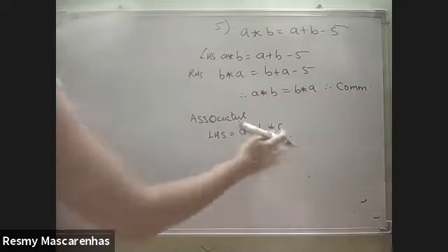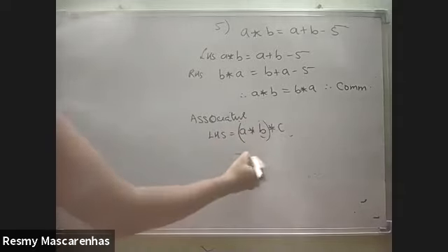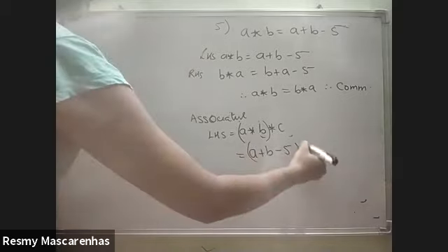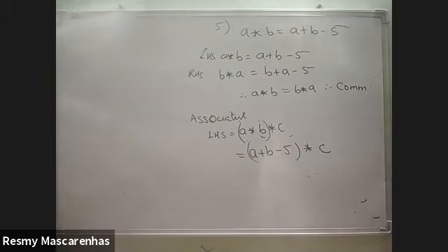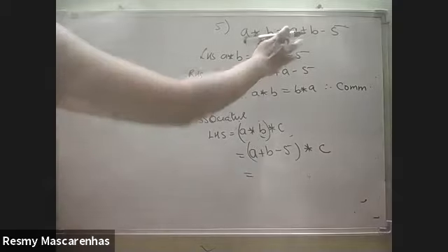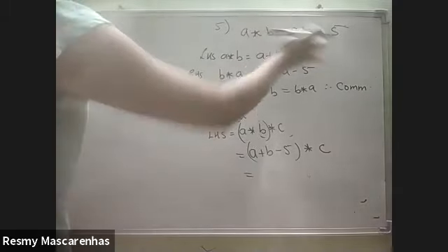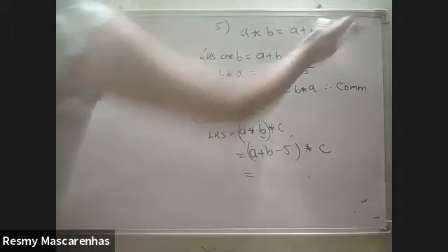So A star B star C will be A plus B minus 5 star C. Okay, so what they have done is A star B is what? A plus B, first term plus second term, minus 5.